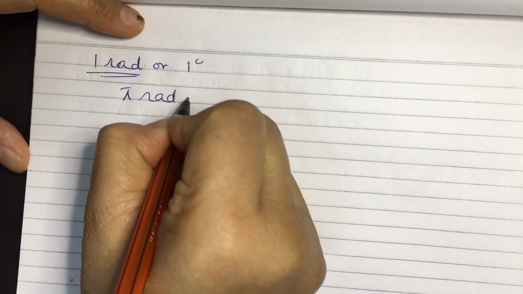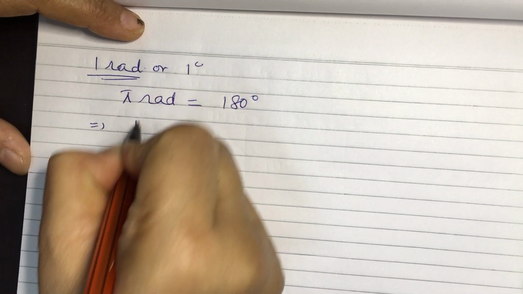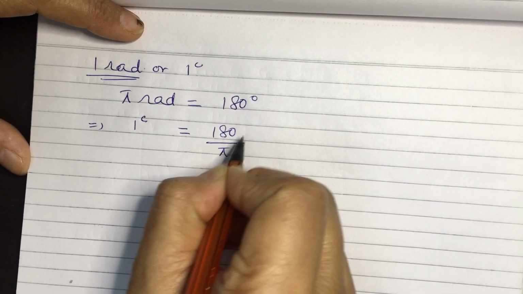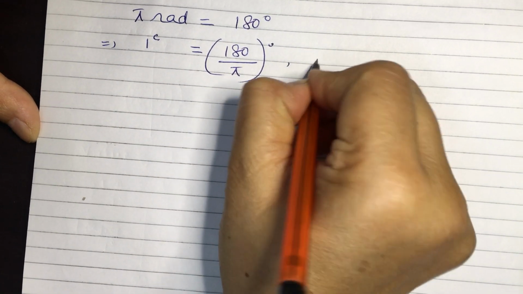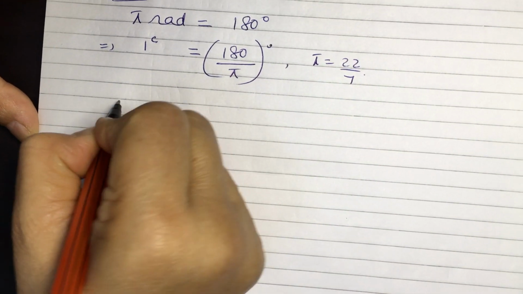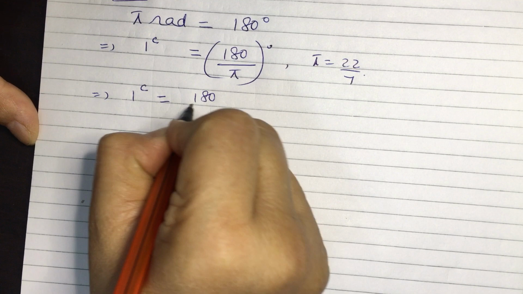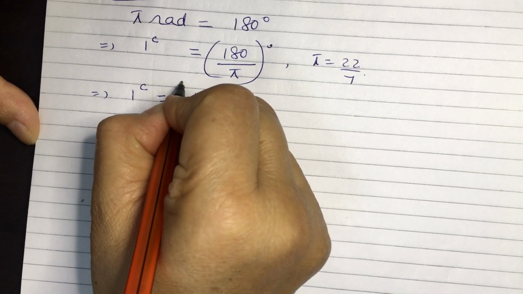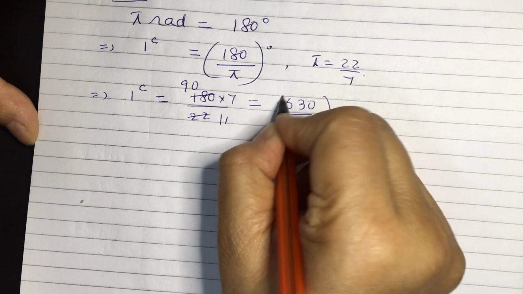Now we know that pi radians equal to 180 degrees. It implies that 1 radian will be equal to 180 upon pi degrees. Now, pi is 22 by 7, and so this gives us 1 radian is equal to 180 over 22 into 7, which gives us, this is 11, this is 90, 630 over 11 degrees.